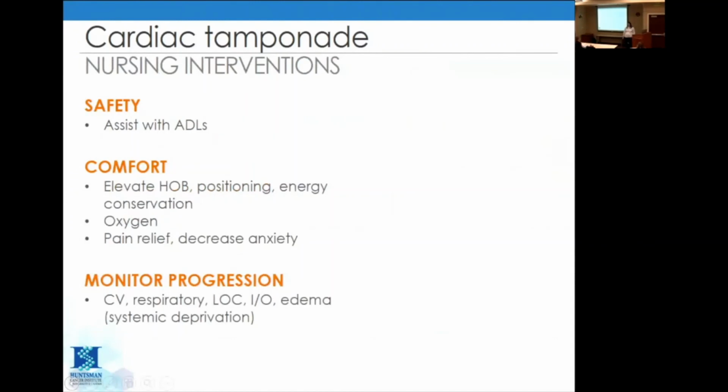Nursing interventions. Conserve energy. Good. What I want you guys to think about is, instead of pericardial tamponade, thinking about the structure, what is the thing that's making my patient sick in pericardial tamponade? The heartbeat, right?